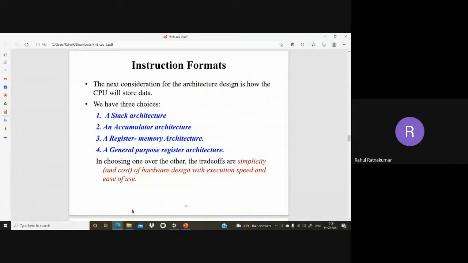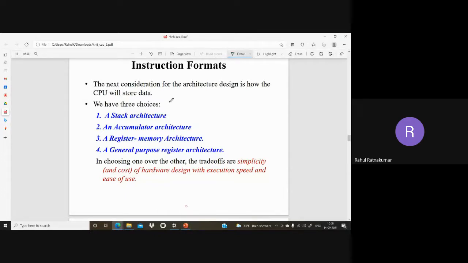Architecture design is how this CPU is going to store the data. We have stack-based architecture, accumulator-based architecture, register-memory architecture, general purpose register architecture, etc. We'll see all of those. As the name states, in stack-based we have a lot of memory in the stack.